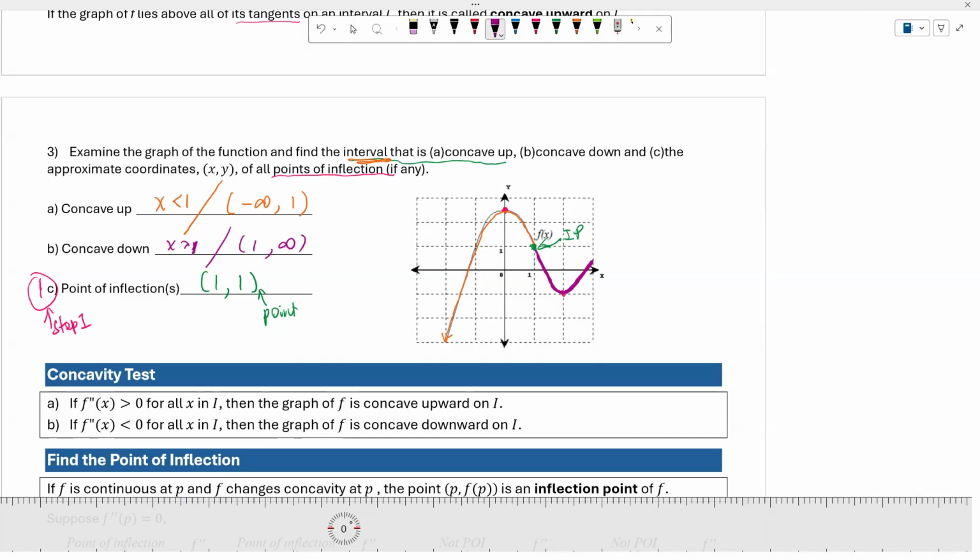Therefore, again, when I try to locate the inflection point, what I need to do is to locate the point of inflection first, and after this we will be able to work out the concavity, finding the intervals of concave up and concave down.